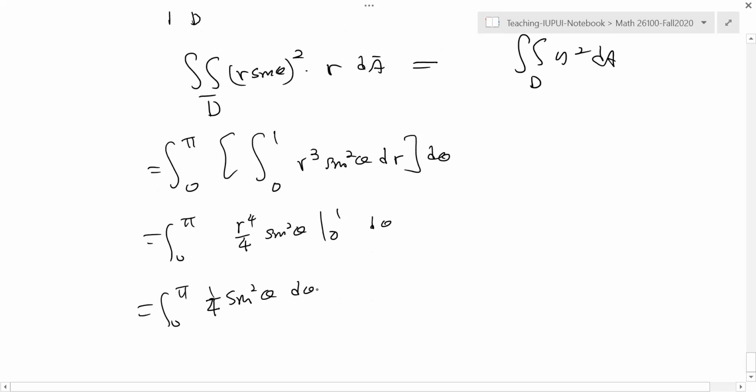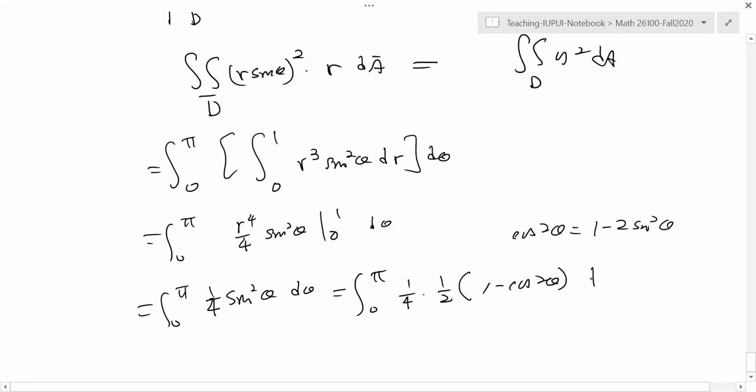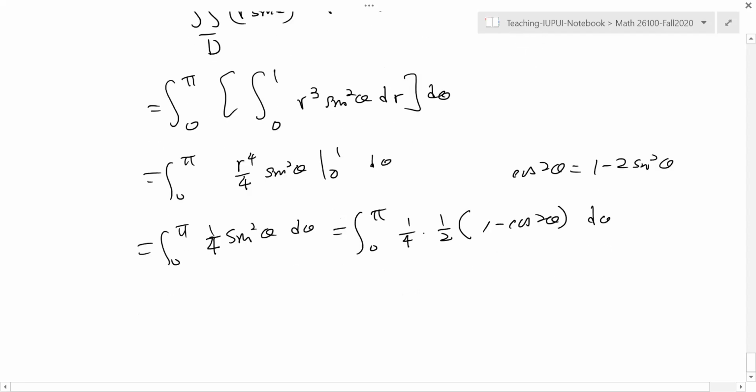Now for this one you have to use the double angle formula: cosine 2 theta equals 1 minus 2 sine squared theta. So you solve for sine squared theta and you get 1/2 times 1 minus cosine 2 theta. The cosine 2 theta integral is going to be 0, so I don't need to waste time here. With theta between 0 and pi, that will be pi over 8. Okay, I got those two numbers.